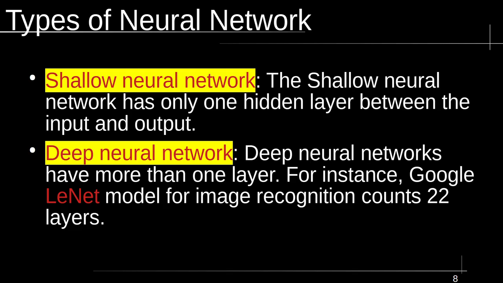But the deep neural network is important. You can put in more than one hidden layers. Especially Google has launched the GoogLeNet model, which is used for image recognition. They have used 22 hidden layers. So 22 plus 2, that means a total of 24 layers.